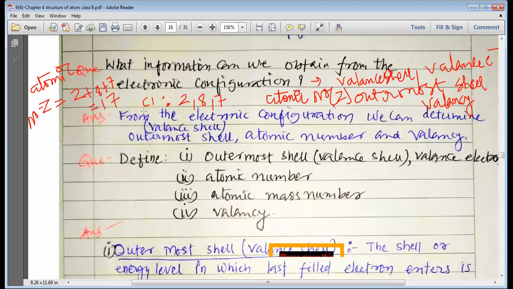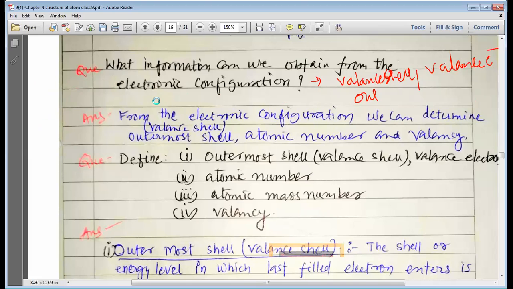So the atomic number of chlorine is 17 because the number of electrons present in chlorine is 17. But remember, to identify the atomic number, the species or the atom that we take should not have any charge. It must be neutral.